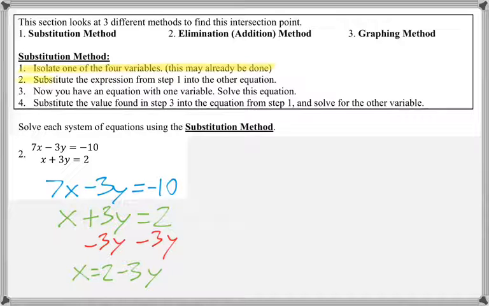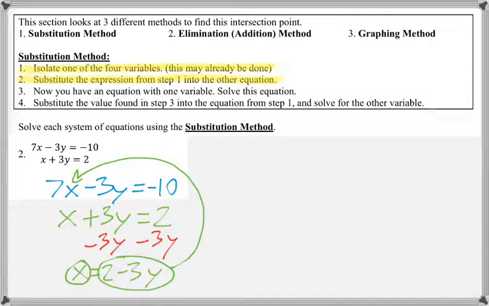The second step, we want to substitute the expression from step 1 into the other equation. So I'm taking this equation and I want to plug it into the other equation, and I want to plug it in where the x is. So I isolated for x here with the green equation, so I need to plug it in for x in the blue equation. So I need to copy the blue equation, and instead of putting an x here, I'm going to put an open parentheses.